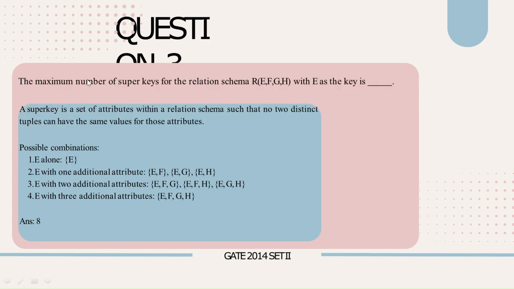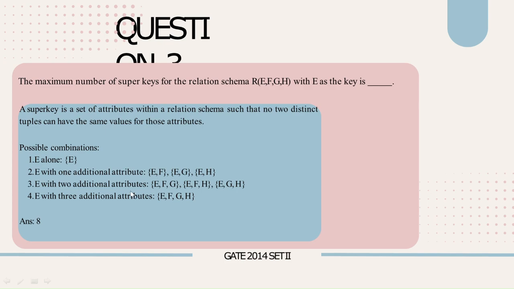The maximum number of super keys for the relation schema R(E, F, G, H) with E as the key is. So the explanation is also given here. It tells that a super key is a set of attributes within a relation schema such that no two distinct tuples can have the same values for those attributes. So upon applying the above condition, the possible combinations are E alone, E with one additional attribute, and E with two additional attributes.